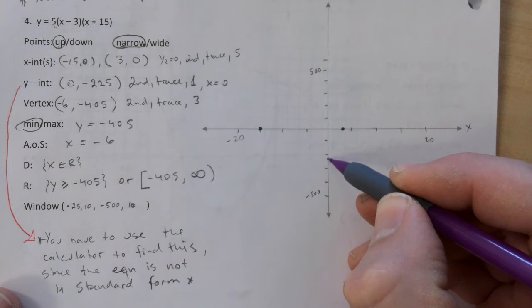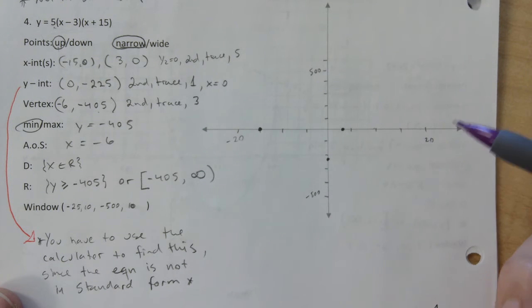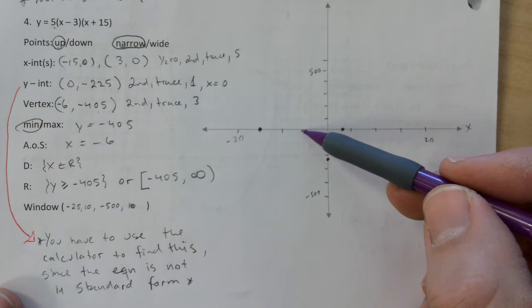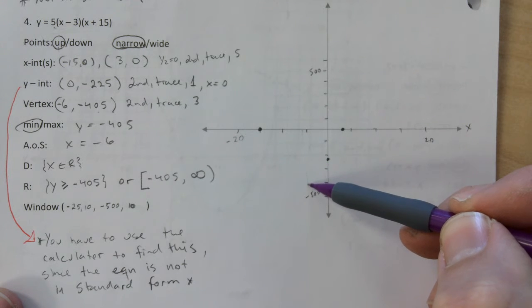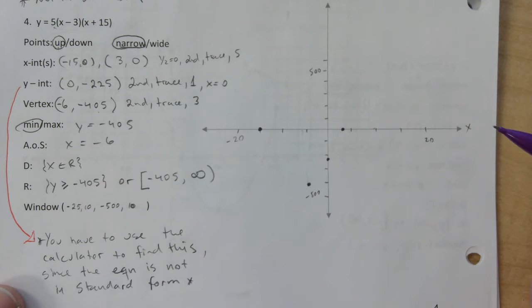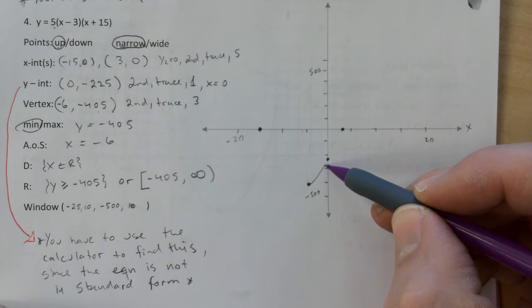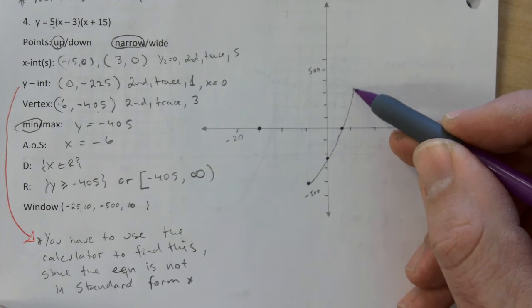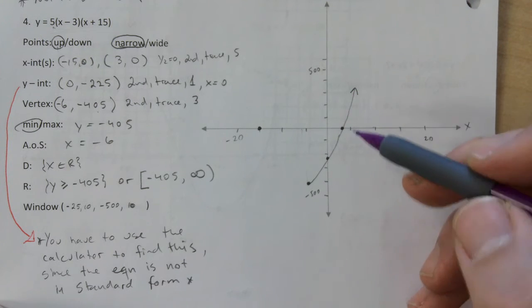So I would say right about there. The vertex is at negative 6. So right about there. Minus 405. So right there, I would say. Okay. And then you just use this and just make sure it opens up. Don't bring it in. Okay, it's not a U.